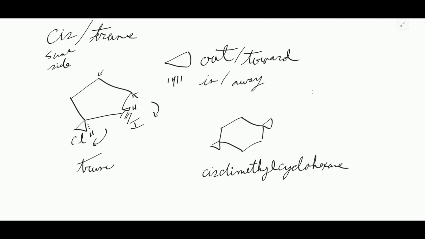Okay, that's all I want you to know about for cis-trans and EZ. But let's go ahead and see if I can give you a flowchart. What if you have something like this? Over here, fluorine is going to be heavier than carbon. That's not a problem.